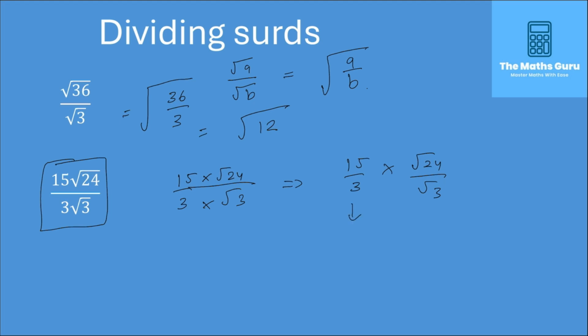Then simplifying this down, 15 over 3 gives us 5. And from our above formula, we know that root 24 over root 3 is just the square root of 24 over 3, which is root 8. So the final answer is 5 root 8.